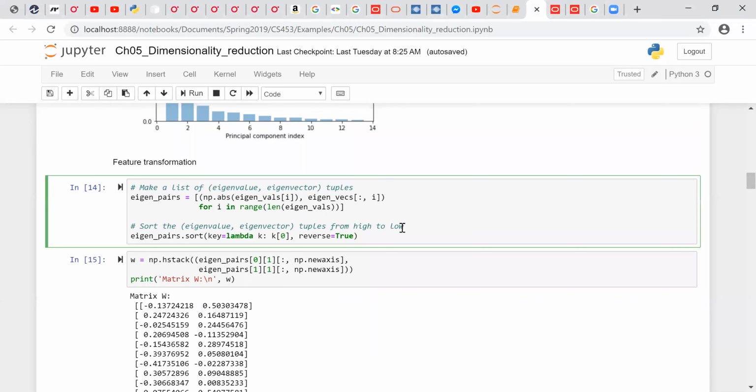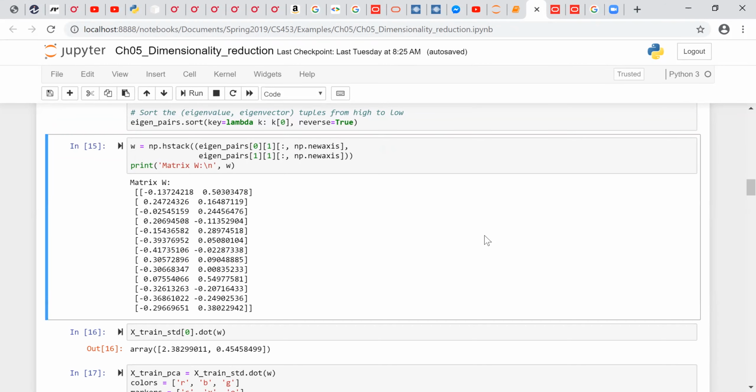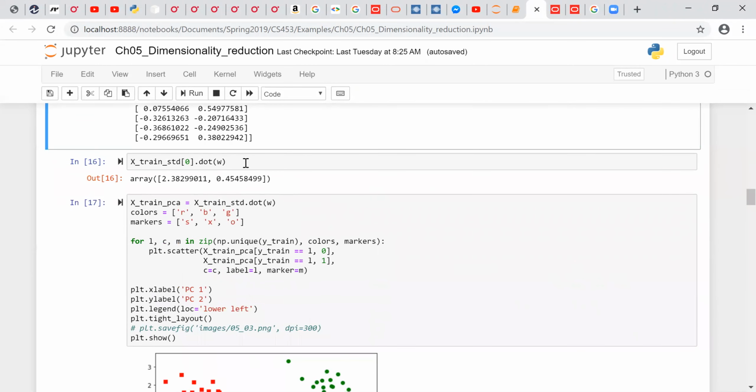After you have the eigenvalues and eigenvectors, you can do feature transformation. Here it shows that matrix. Once you have that matrix, you can convert your data, projecting it onto the new components.